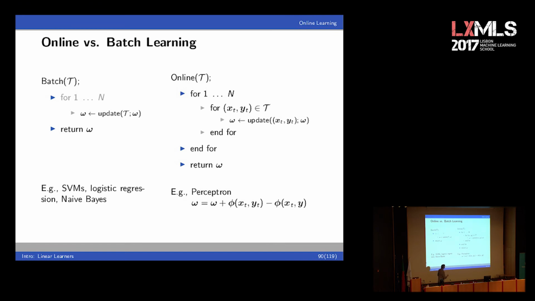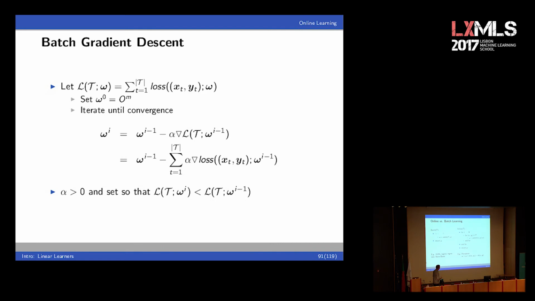For online learning, you do an update one after the other. So the perceptron, as it was invented and as it's used, is already an online learning algorithm, because it looks at an example, makes a prediction, does an update. The algorithms I've been talking about before, logistic regression, naive Bayes, and I didn't give an algorithm for SVMs, but I said you could use gradient ascent, are batch learning algorithms.